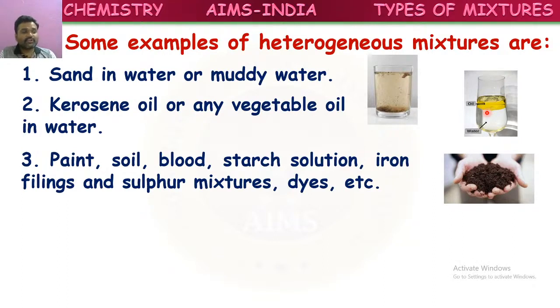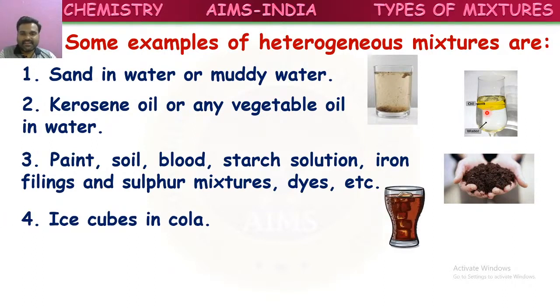Some they have given here: cool drinks in water. Cool drinks in water come under homogeneous mixtures, not heterogeneous, because they will be mixed easily and immediately. Ice cubes in cola. Yes, when you drink cool drinks like cola in summer, to get the chillness we add some ice cubes into that. But these ice cubes are visible clearly in the cold drink.